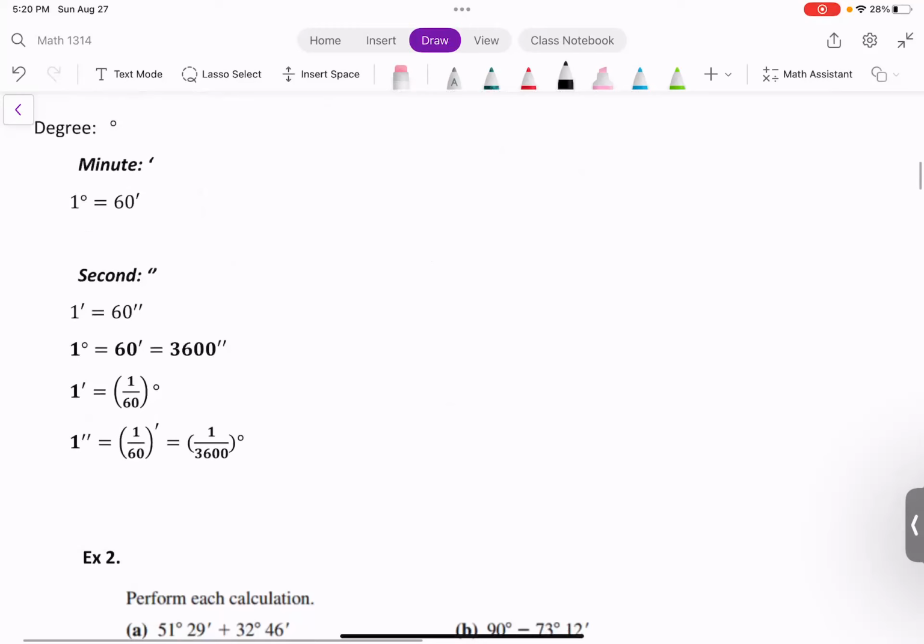All right. Let's see. We say the degree is the unit of the angle. What's the meaning of that? So if I have one full rotation, I start from the initial to the terminal. So the one full rotation comes back to the initial here.